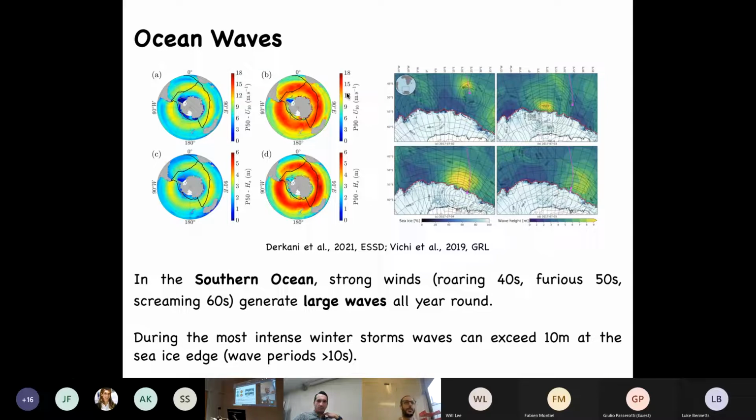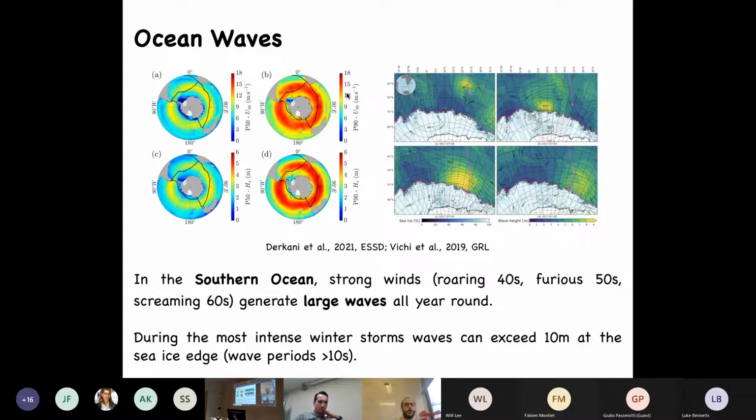In the top left plots, you see the winds that are mostly in a clockwise direction for the mean value and the 90th percentile, and there is a strong correlation with the large waves in the bottom panel down here. We have waves that can exceed 6 meters wave height at the 90th percentile, but the most extreme events can reach 10 meters or more, as the one we had on the 4th of July.